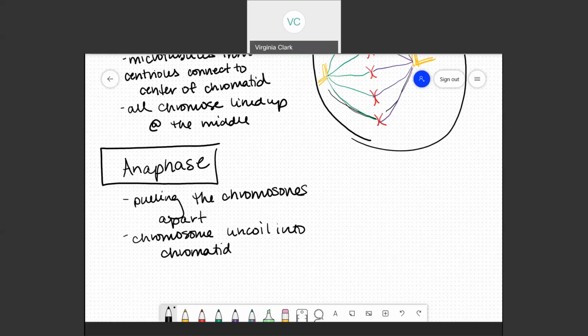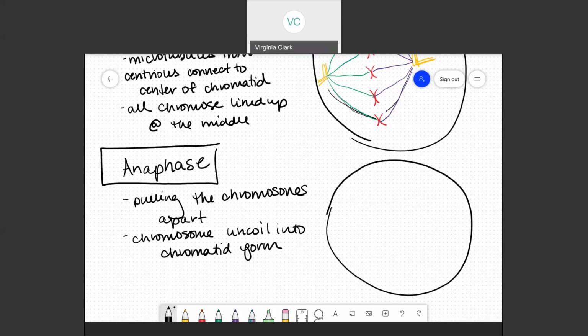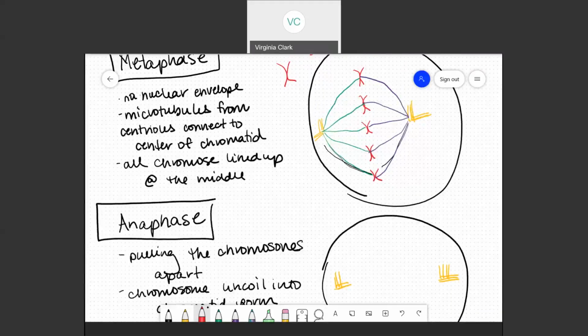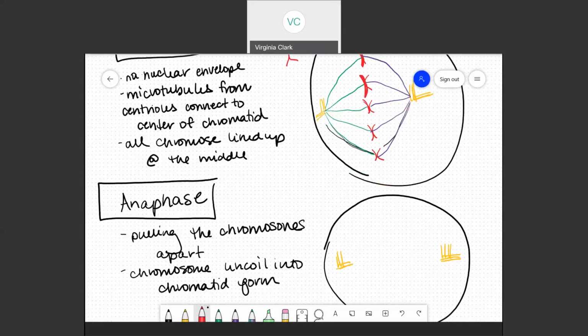Once this happens and you start pulling apart, your chromosomes will actually do the uncoiling thing. So here's what it looks like. Here's my cell, my plasma membrane. Here's my centrioles. Here's my centriole. Up here, all of these guys on this side are going to be pulled in the direction of the green microtubules.